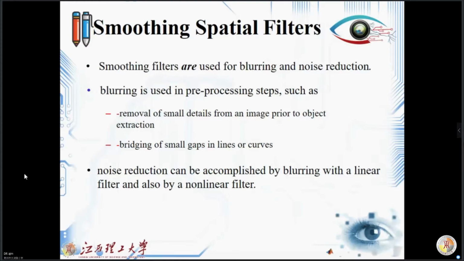One of the filters which people use is the smoothing filter, which is used for blurring and noise reduction. Blurring is used in a pre-processing step. Maybe I don't know if we talked about this or not.